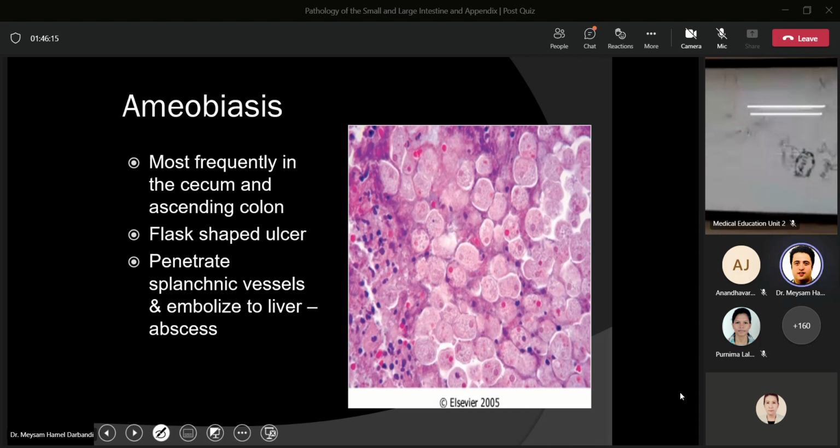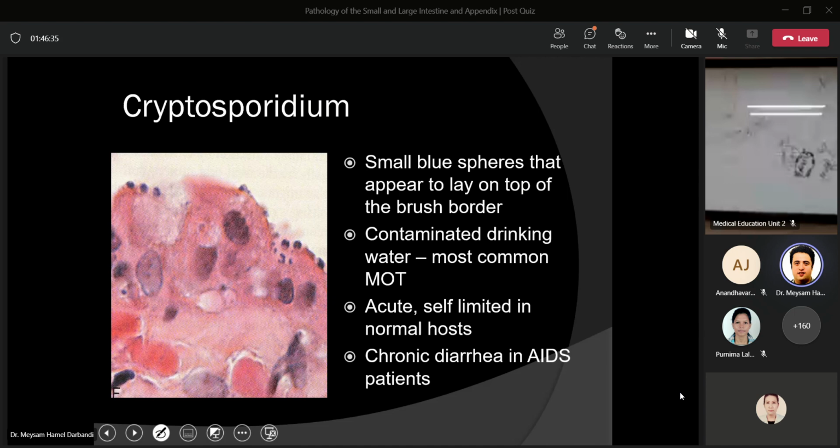So amoebiasis is most frequent in the cecum and ascending colon. Flask-shaped ulcer. Penetrates splenic vessels and metastasizes to the liver and will cause abscess. Cryptosporidium is a small blue sphere that appears to lie on top of the brush border.